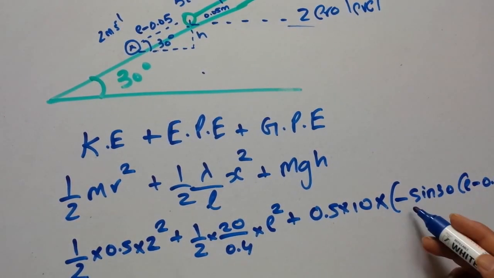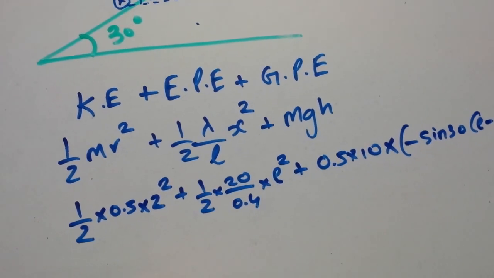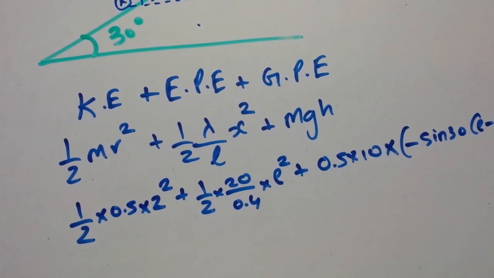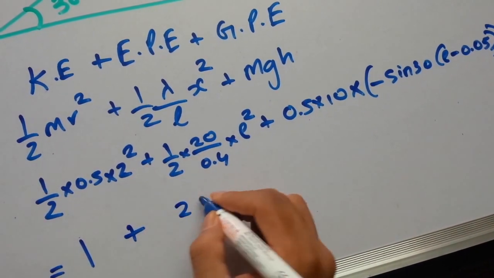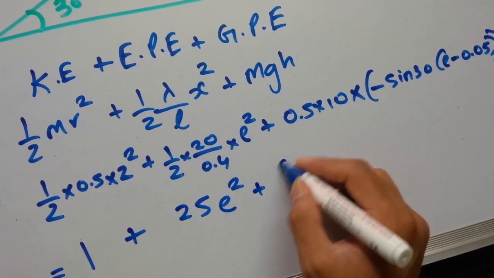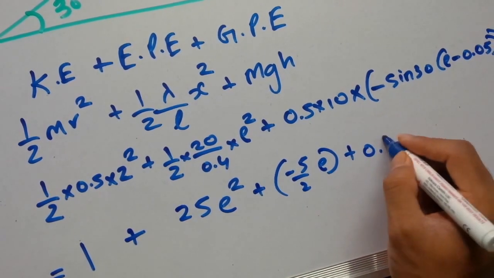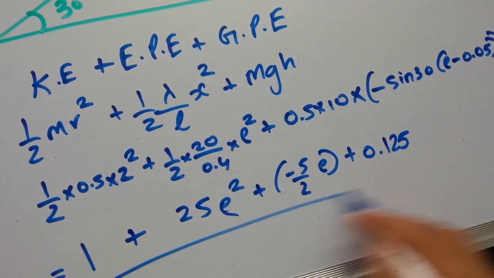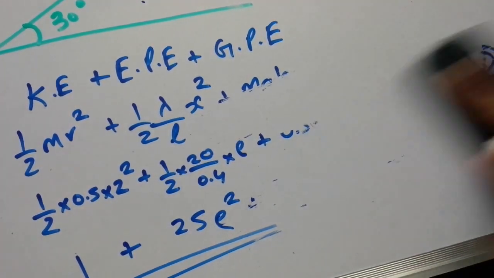That's why we take a minus sign. Simplifying that, you should be getting 1 plus 25 E square minus 5 by 2 E plus 0.125. We're going to note this down, which will be used for further calculations.